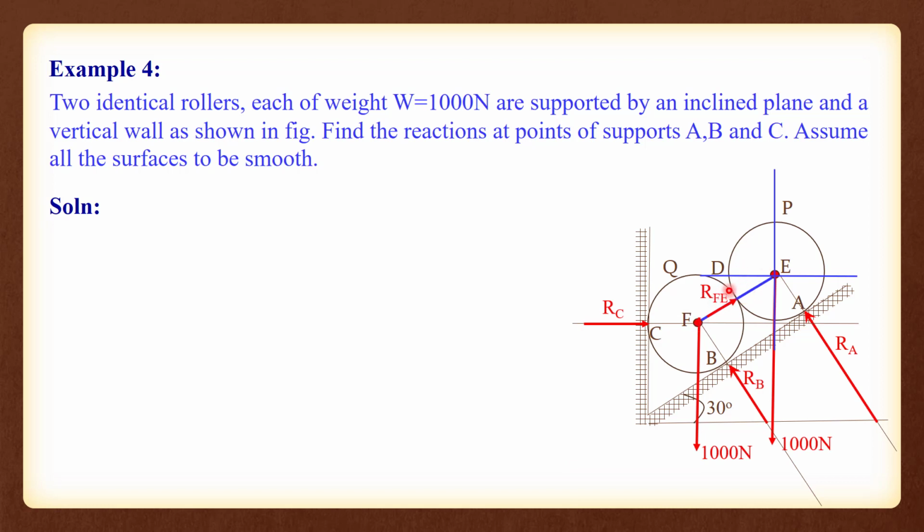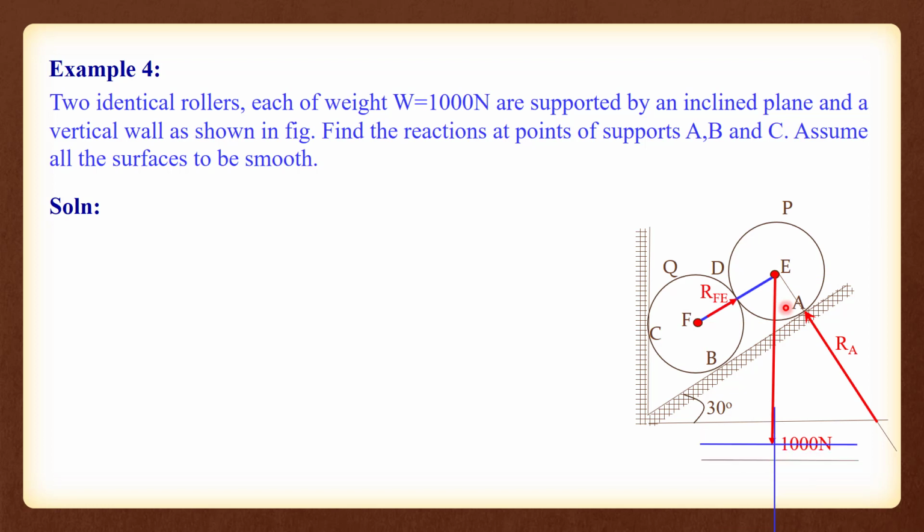In order to draw the free body diagram of Q, we will remove this roller P. When you remove the roller, you have to replace that by the force exerted by P on Q, right? That is REF, the force exerted by P on Q. So this is the fourth force acting on the roller Q.